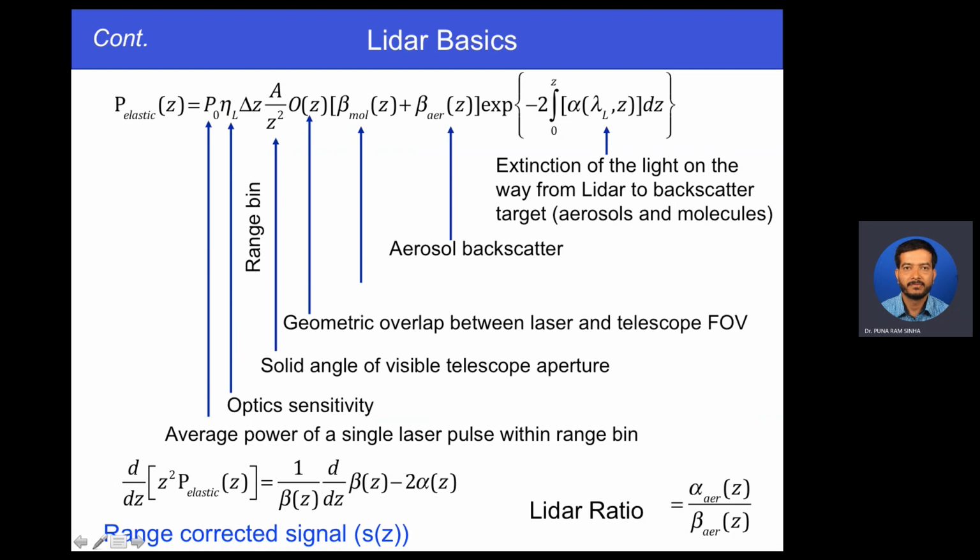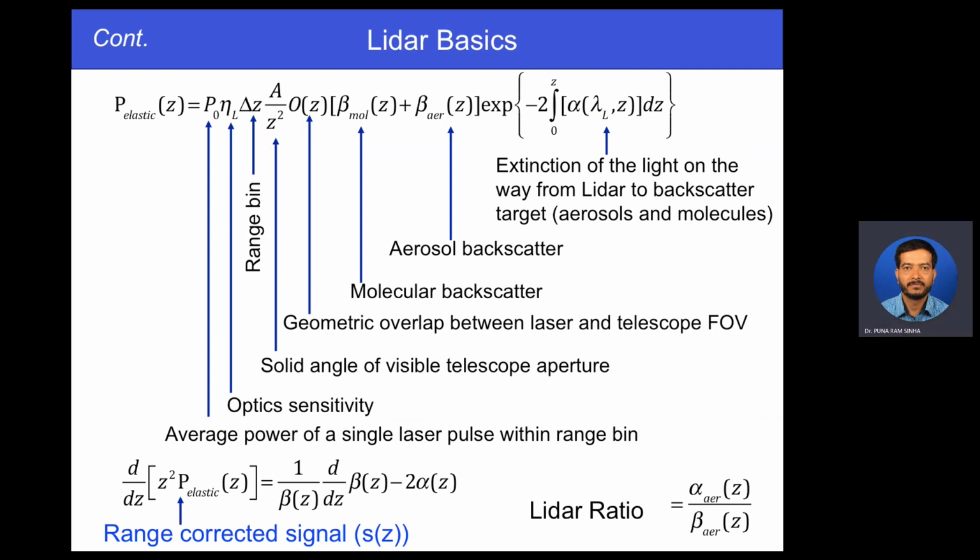First you start with an assumption, and then fine tune that lidar ratio in such a way that the aerosol optical thickness derived from lidar matches the aerosol optical thickness measured by the sun photometer. Accordingly, you fine tune the lidar ratio to get the best match between the aerosol optical thickness derived from lidar and that measured by the sun photometer.